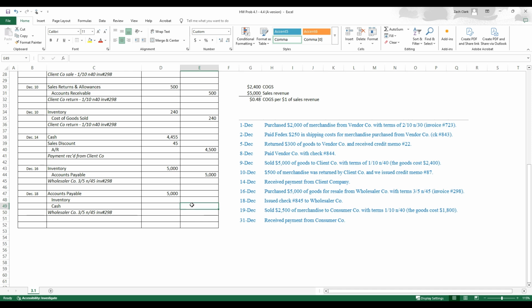So the amount of cash that we're going to pay is not 100%, but instead 97%, times 0.97, so 4,850. And then the difference reduces our cost of inventory, because by taking the discount we're essentially paying less for the inventory. And that's reflected there above.